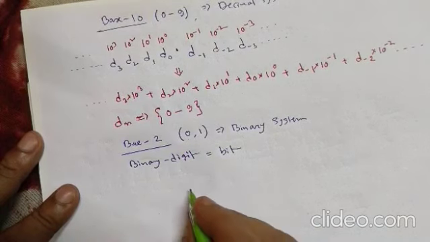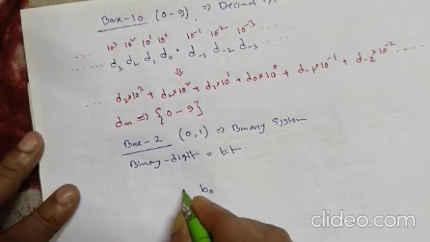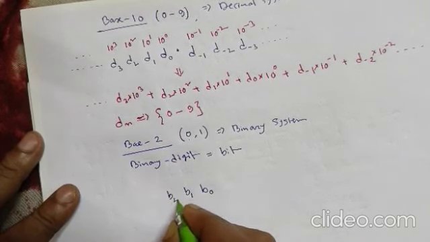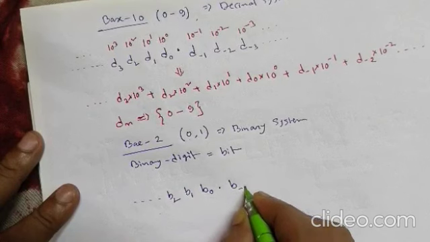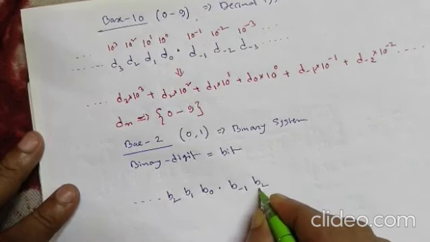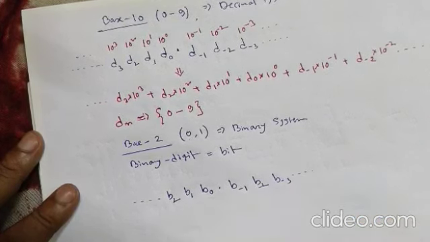Now the same thing we can repeat here. The positions are B0, B1, B2 like this. After the decimal point I can have B minus 1, B minus 2, B minus 3 like this.